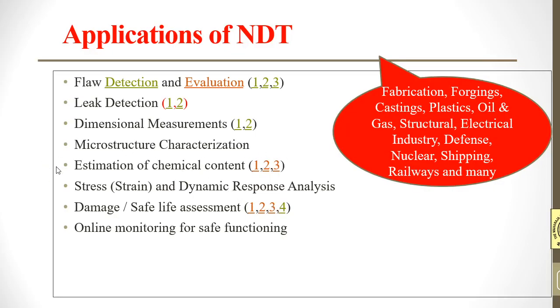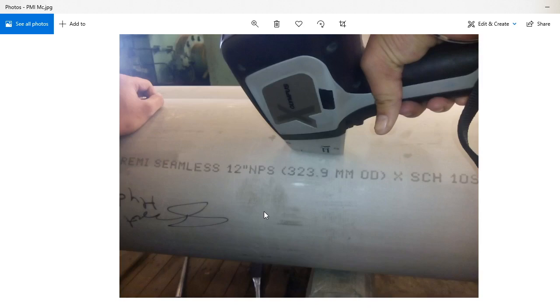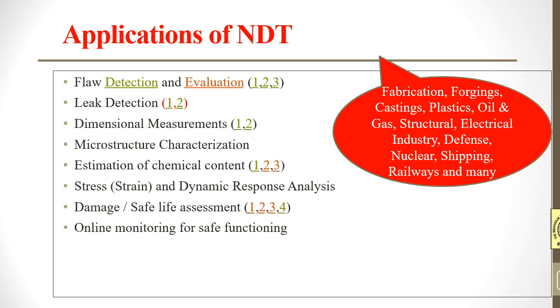The next application is microstructure characterization. Thereafter, estimation of chemical content, that is chemical analysis. You have a small equipment, you just touch this equipment to the component, and the equipment screen will show you various chemical contents of the material like this.